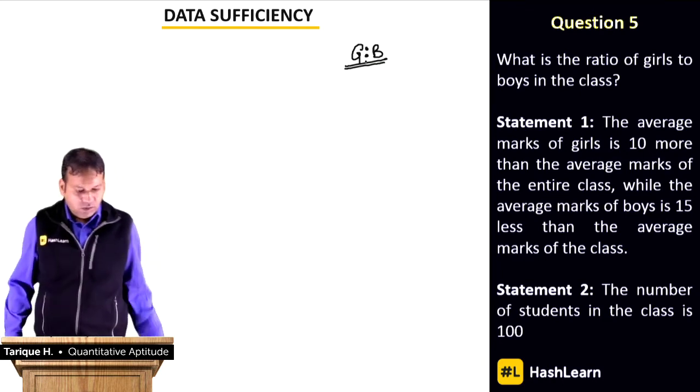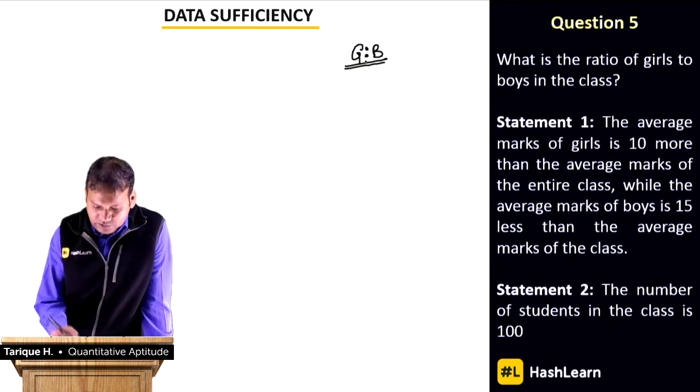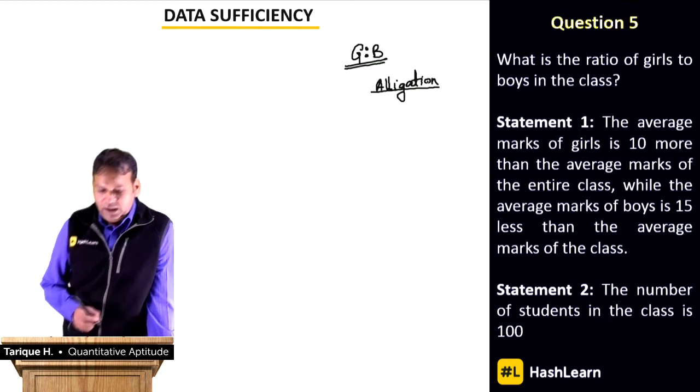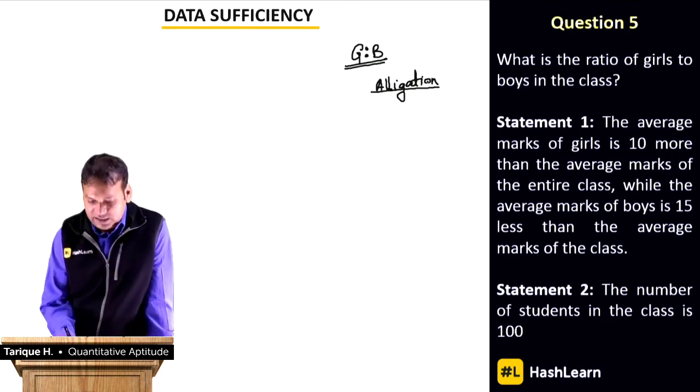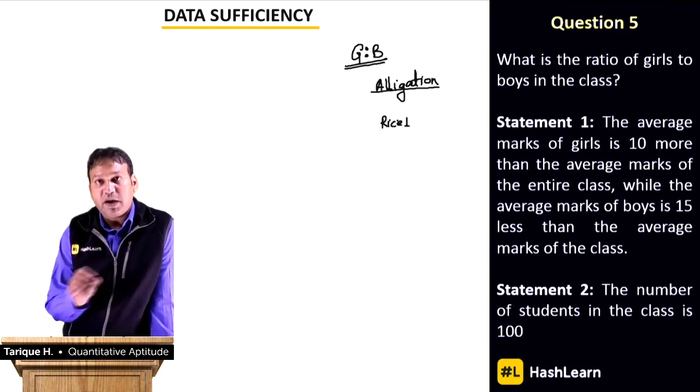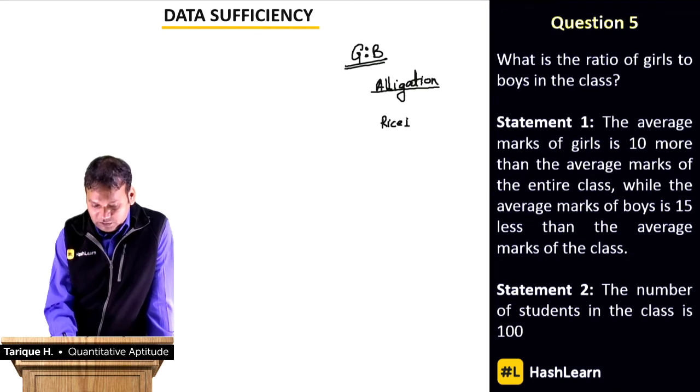Now what we are going to use in solving this question is the allegation concept. Allegation concept is required to solve the question. In short, if I explain what the allegation concept is, let's say that there are two varieties of rice. Just a brief theory part here in case you don't know this concept.